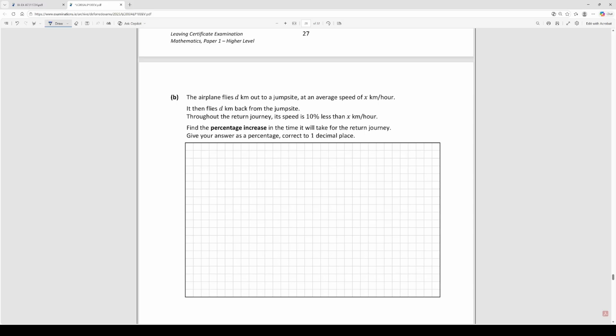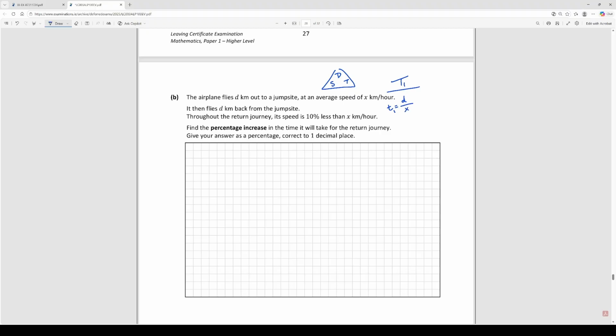Okay, well, what I'm going to do is find the time for both. So for trip 1, I'm going to say capital T1. I would say the time, which is small t, and I would say T1, would be equal to, according to that silly triangle, distance, speed, time. If I want to find the time, I would do distance over speed, which for the first trip was d over x.